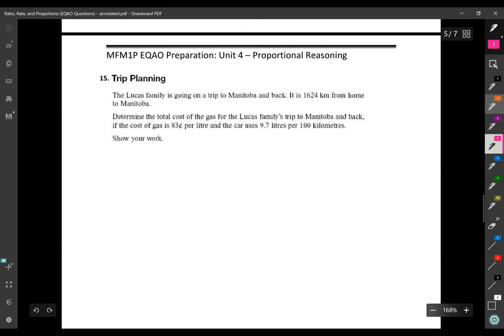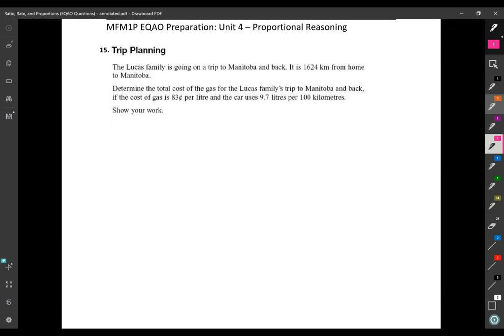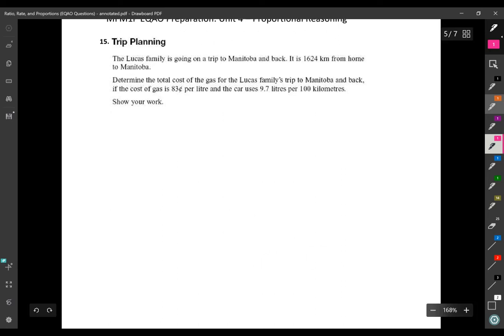Okay. I'm going to move on to these longer questions. So now we are out of the multiple choice questions, and we are doing some longer questions. So this one says, the Lucas family is going on a trip to Manitoba and back. It's 1,624 kilometers from home to Manitoba.